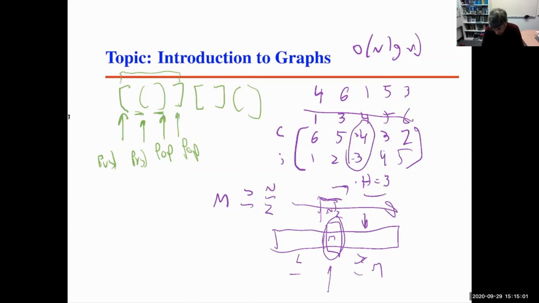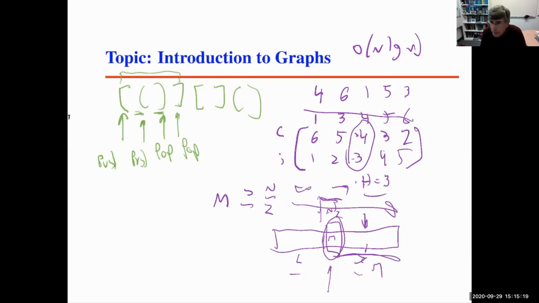Does everybody kind of see that? If not, it lies on the left. And once I know that, I can then try to find the median on the appropriate side.